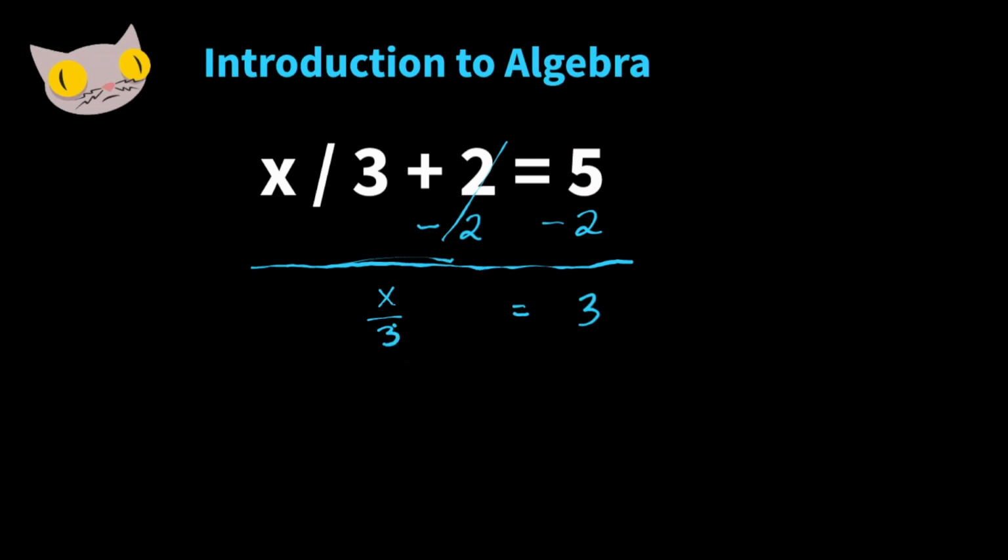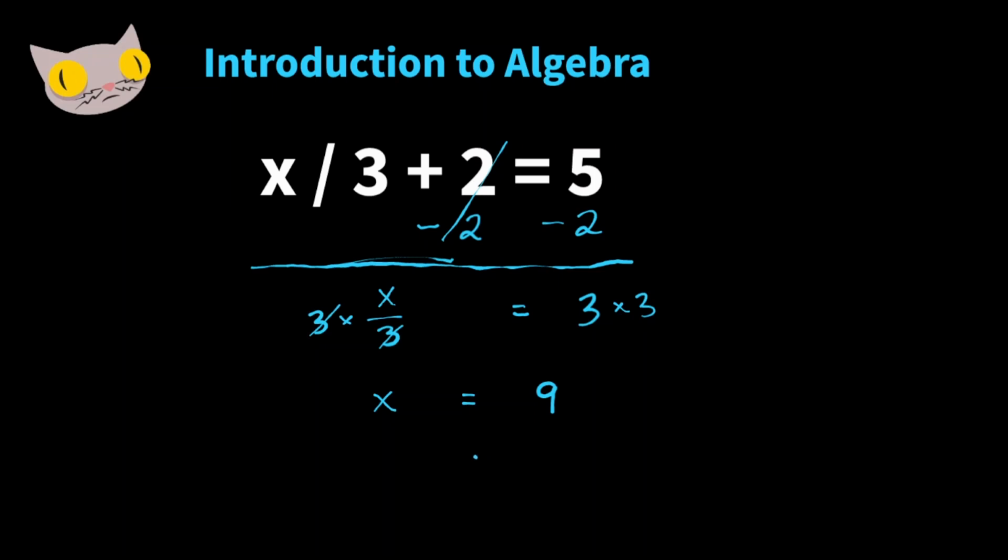Now, in order to get rid of this 3, we will multiply 3 on both sides. Again, these will cancel out, leaving us with just x. And 3 times 3 is 9.